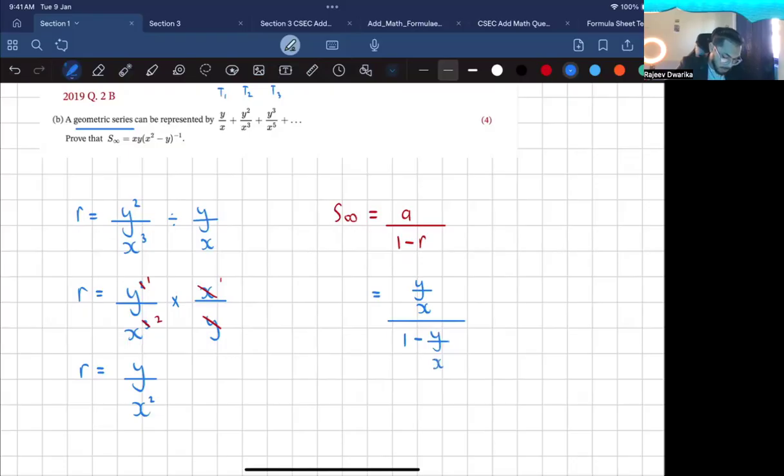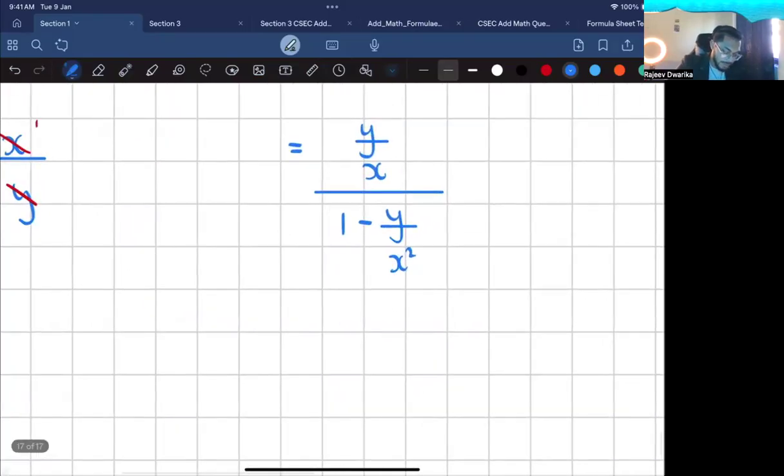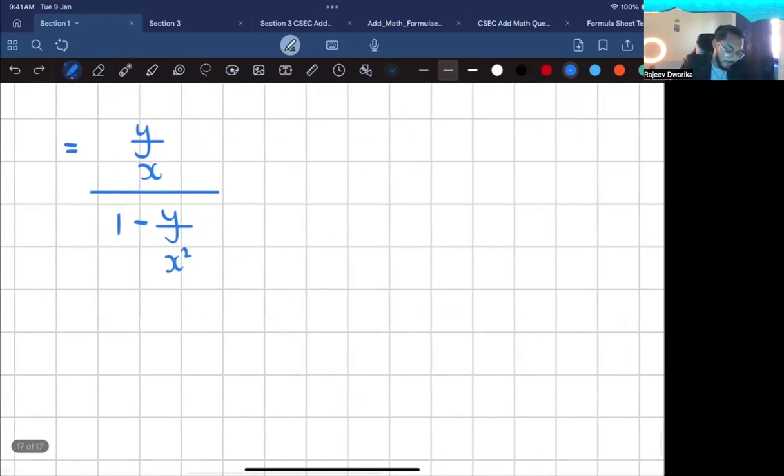Right. Kiera, if we look at the denominator, do we have the same denominator? Are you seeing the same denominator over here? Yeah, no. If I give you this example, 1 minus 1/5, do these two have the same denominator? No. I would need to find the LCM.